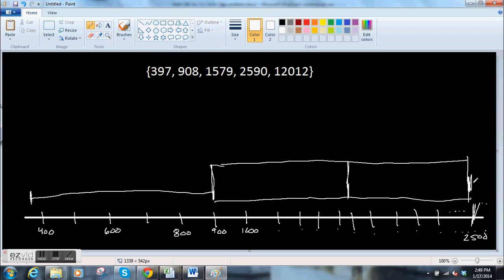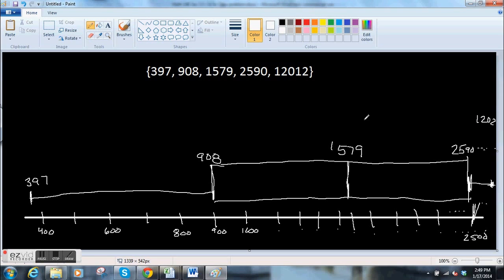And then it goes out, way, way, way out here. So this number is 397. This is 908. This is the median, 1579. This is the Q3, 2590, and way off in the distance you would see 12,000.